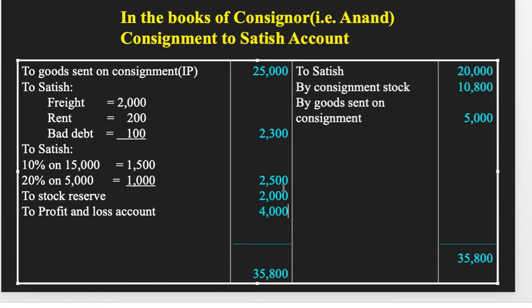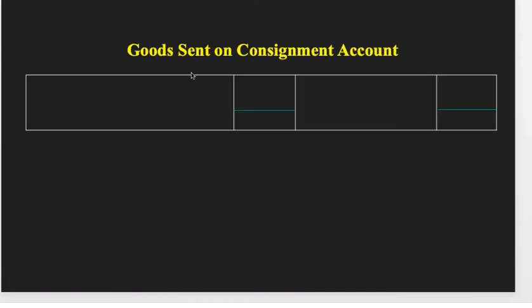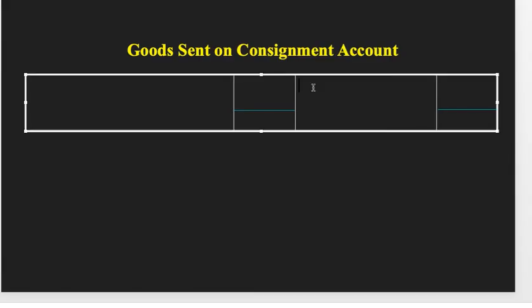So this is in the books of consignor, that is Anand, consignment to Satish account, that we have prepared from the given information. In this account, that is goods sent on consignment, we are going to write down by consignment to Satish, how much is it? It is 25,000.